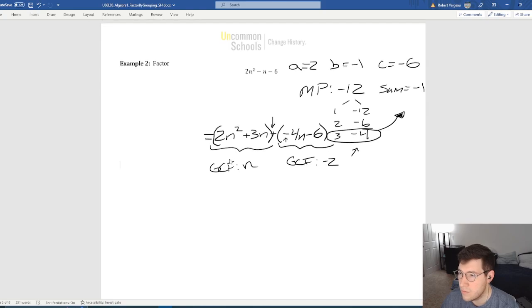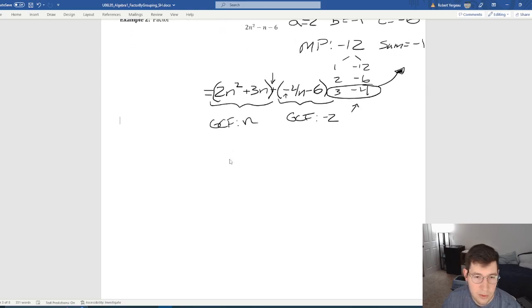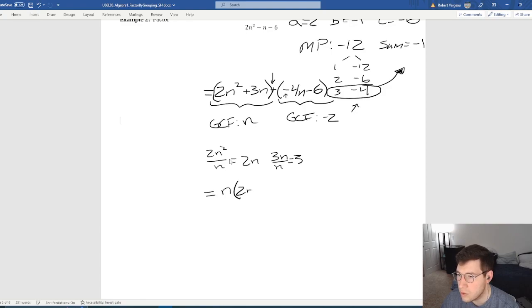And so I'm going to do one extra step that we didn't do before, just so that it's hopefully really clear where these are coming from. 2n squared divided by n, that's just 2n. 3n divided by n, that's 3. And so this first term is n times 2n plus 3. And then over here, we have negative 4n divided by negative 2.